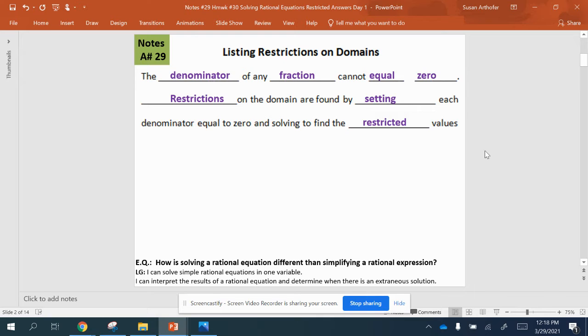So we need to find restrictions on the domain, and we do that by setting each denominator equal to 0, and then we solve to find the restricted values. And those are called extraneous solutions. So you're going to factor the denominator, set each parenthesis equal to 0, and solve, and those will be the restricted values.